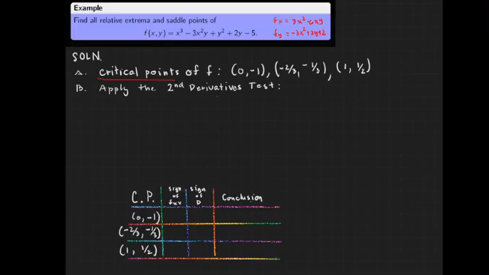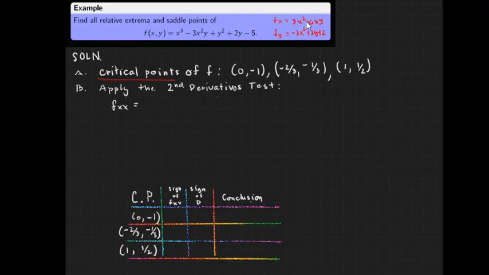After obtaining the critical points of f, the next step is to determine the nature of these critical points using the second derivatives test. So we need to compute the second order partials. fx is 3x squared minus 6xy.